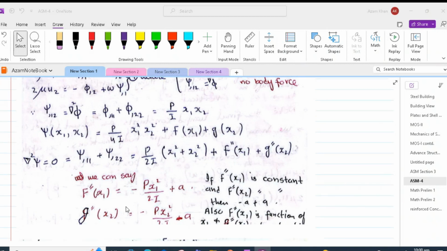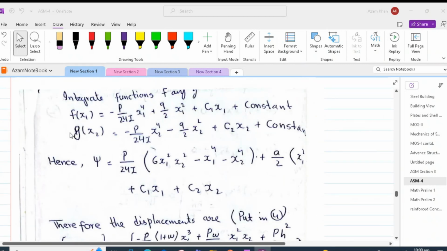That will help us to get the functions of x1 and x2. Our function f of x1 comes out to be minus P by 24I x1 power 4 plus a by 2 x1 square plus c1 x1 plus a constant. Similarly, g of x2 will be equal to minus P by 24I x2 power 4 minus a by 2 x2 square plus c2 x2 plus a constant.